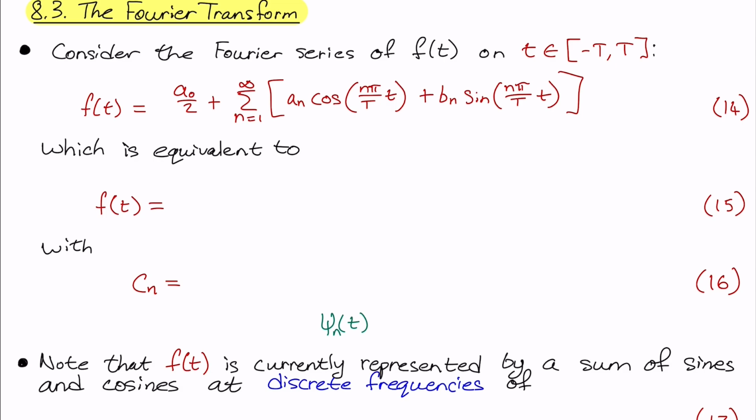And an and bn are defined similar to what we saw previously. We're not going to write them out this time.